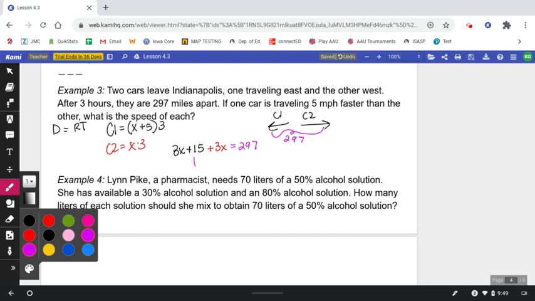Combining like terms will give me 6x plus 15 equals 297. 297 minus 15 is 282. So 6x equals 282. Divide 282 by 6. Car 2's rate is 47 miles per hour. And I know that car 1 is 5 miles per hour faster, so that would make car 1 52 miles per hour.